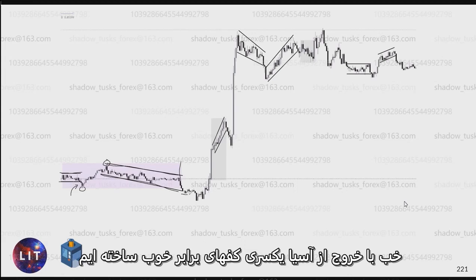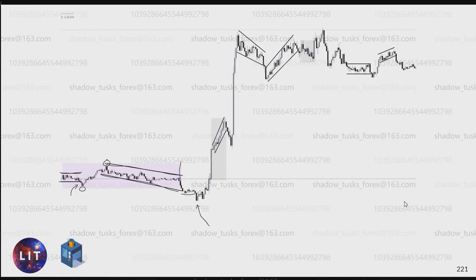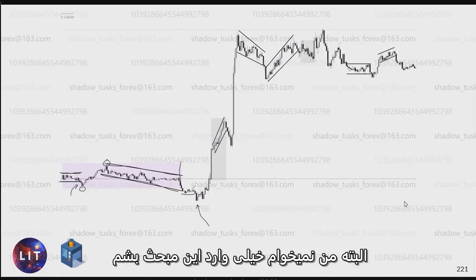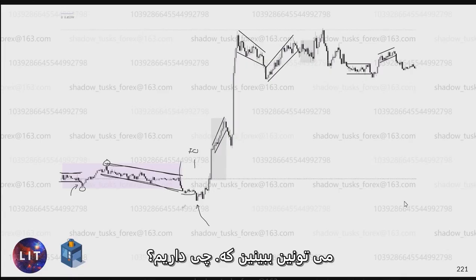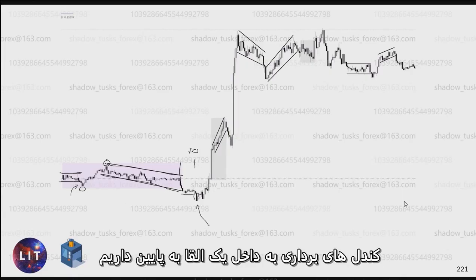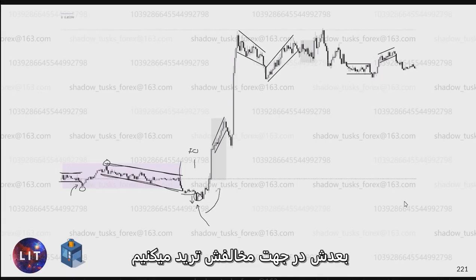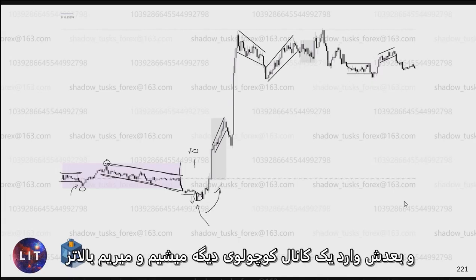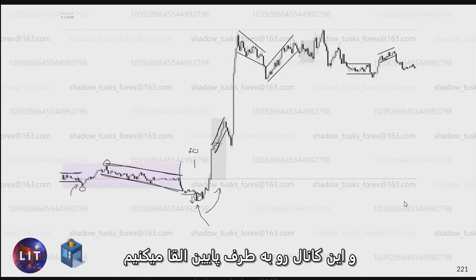Coming out of Asia, we build some nice little equal lows, and then once we get into our first timing, I don't want to go too much into it, but this will be Frankfurt Open. You can see that we have vector candles into an inducement low. Perfect.